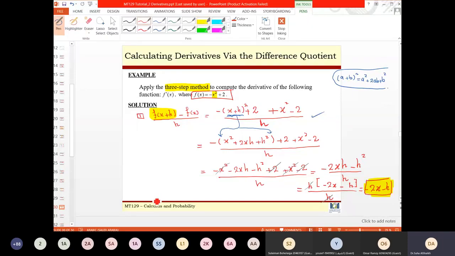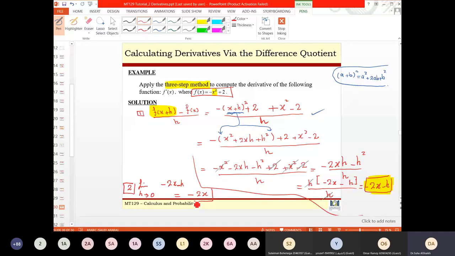Step 2, we find the limit as h goes to 0, meaning we substitute h with 0. This results in minus 2x minus h. If I substitute h with 0, this equals minus 2x, and this will be the result.